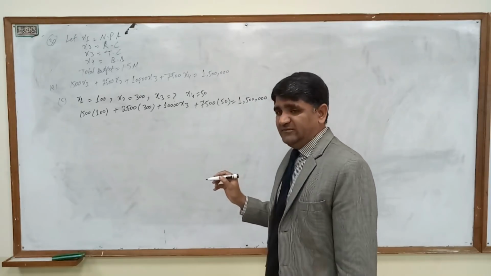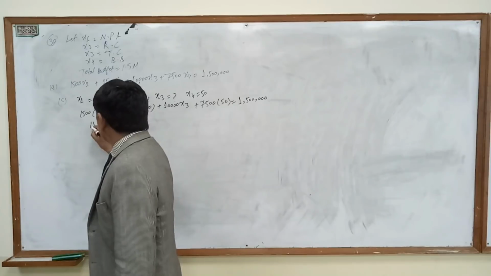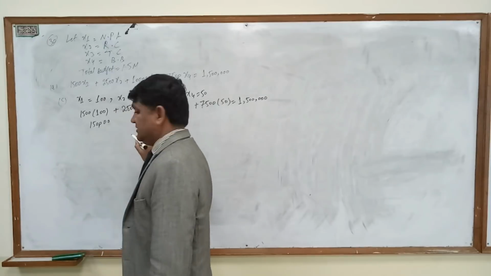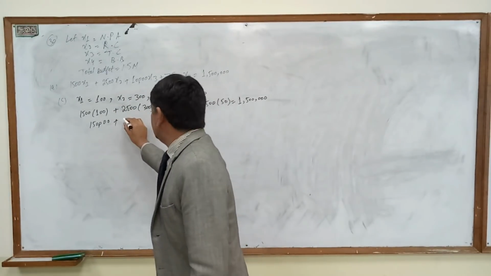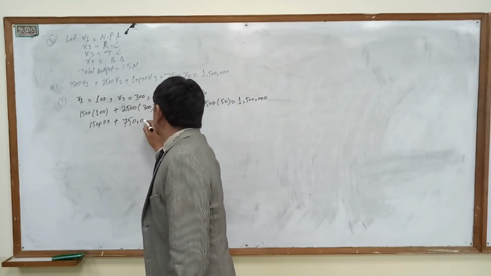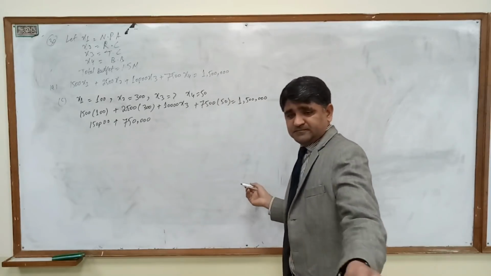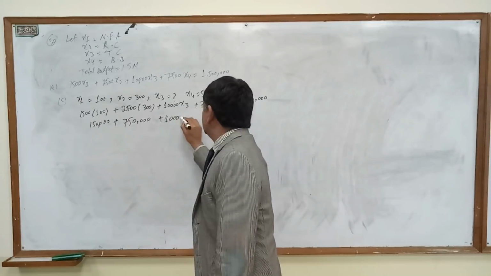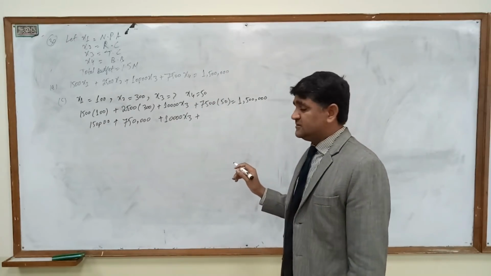We can simplify. 1,500 into 100 is 150,000. Then 2,500 into 300 is 750,000. Then 10,000 X3.